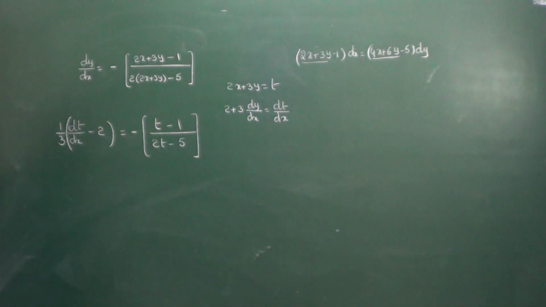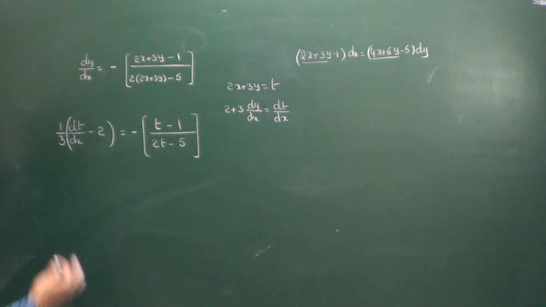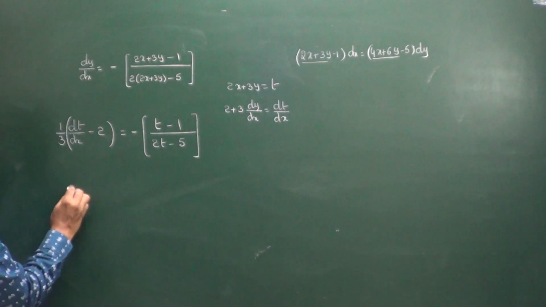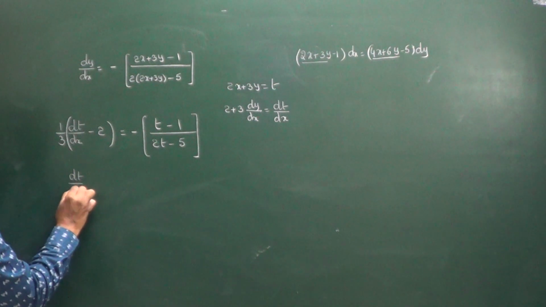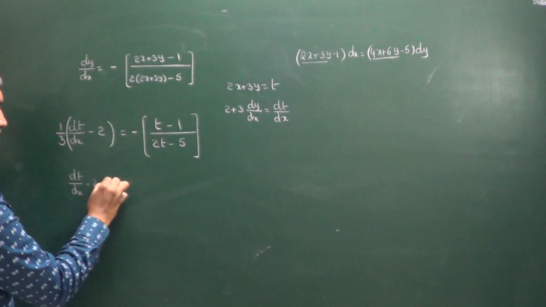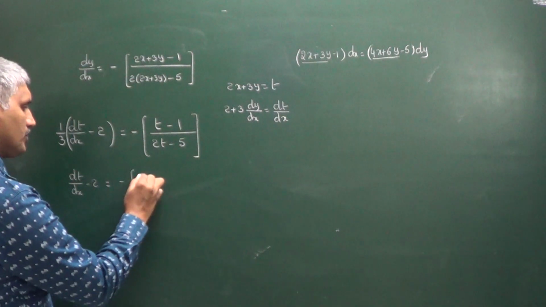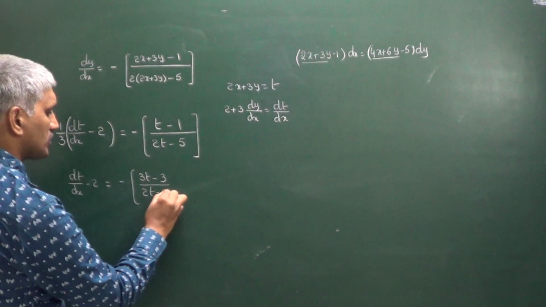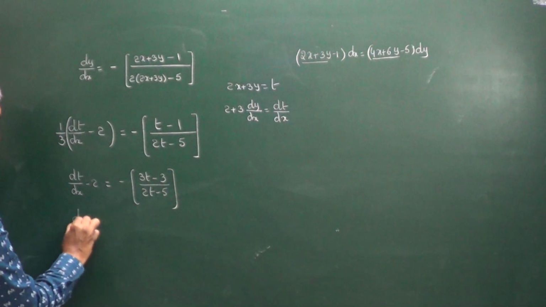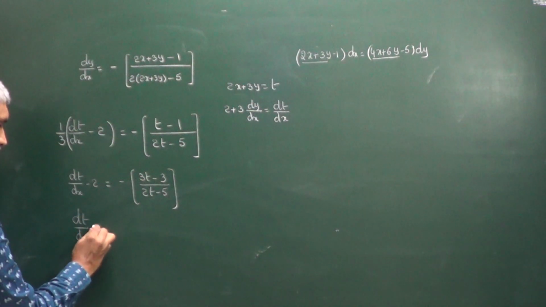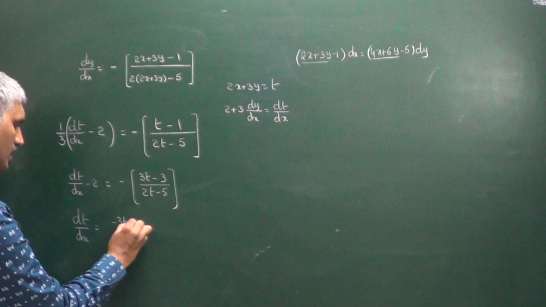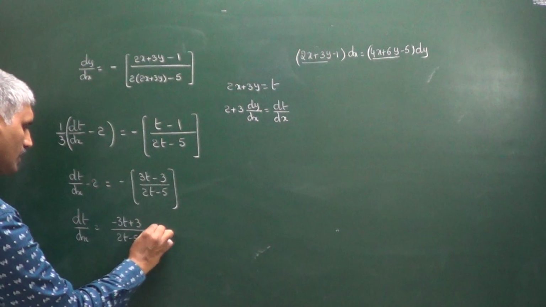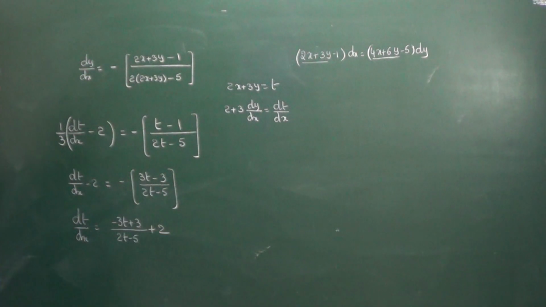Now we can proceed with this by variable separable method. Observe what I am doing. This can be written further as dt by dx minus 2 is equal to minus of 3t minus 3 divided by 2t minus 5. Again dt by dx is equal to minus 3t plus 3 divided by 2t minus 5, plus 2; the minus 2 is shifted to that side.